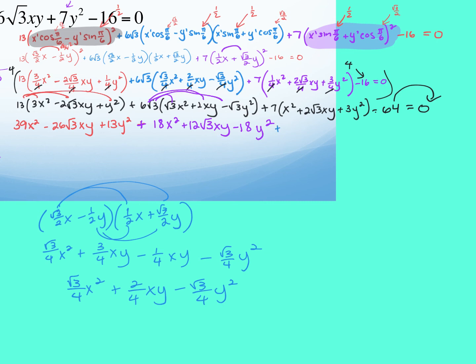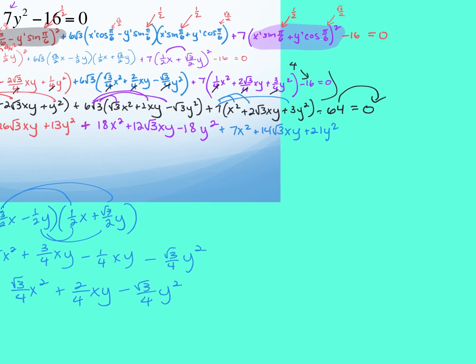Then the 7 goes. 7x squared, 14 root 3 xy, 21 y squared, and this time we'll put the 64 on the other side.